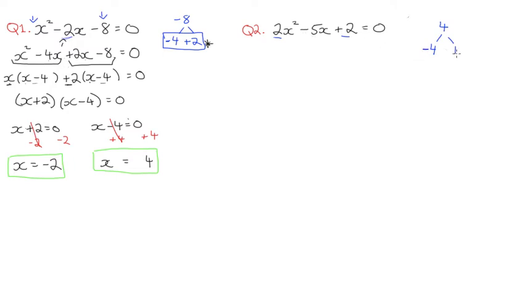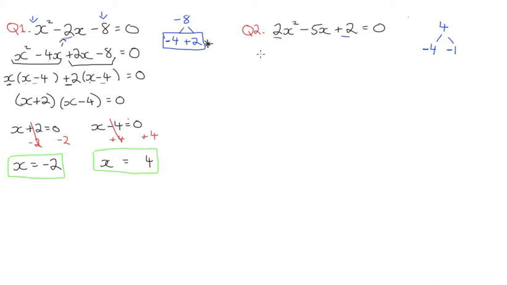If I have minus 4 and minus 1, minus 4 multiplied by minus 1 will give me plus 4, because a minus by a minus is a plus. And minus 4 minus 1 gives me minus 5. So that's how I know I've got the correct factors.